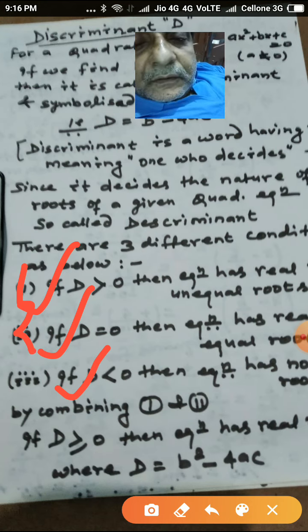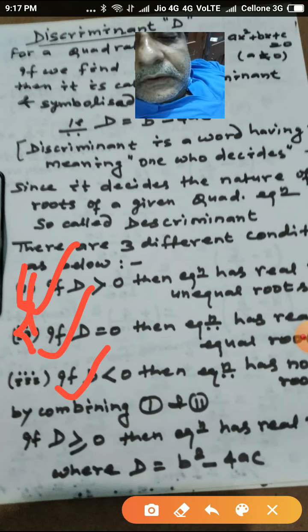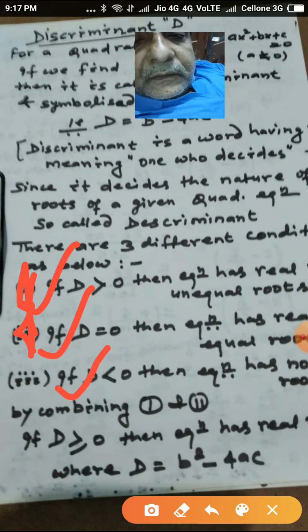Now students, one more condition comes when we combine the first two conditions. You have just listened that the first condition is D greater than 0, roots are real and unequal. The second condition is D equal to 0, roots are real and equal. So by combining these two conditions, we have one more condition: if discriminant is greater than or equal to 0, then the given quadratic equation will have real roots.